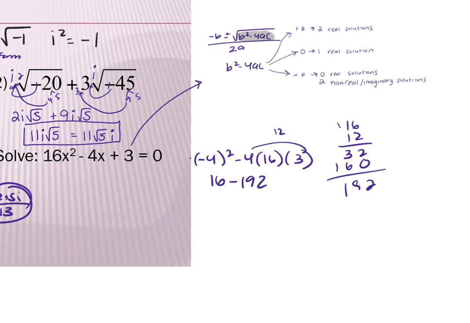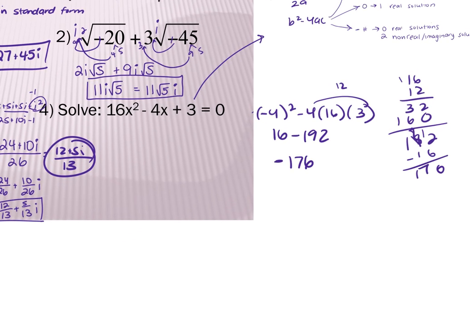This is obviously going to be a negative number, which means there's going to be 2 non-real roots. If I did 192 minus the 16, I get negative 176. So to figure out what kind of root it is, I didn't even need to figure out the 176. I just needed to know it was negative. That means that there's 2 non-real roots. But we are going to actually find this, so I'm going to keep going.